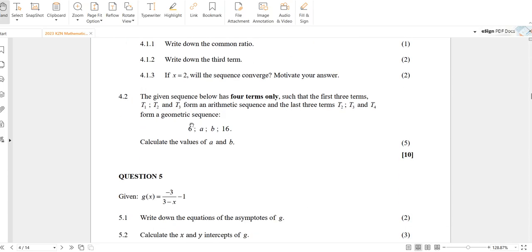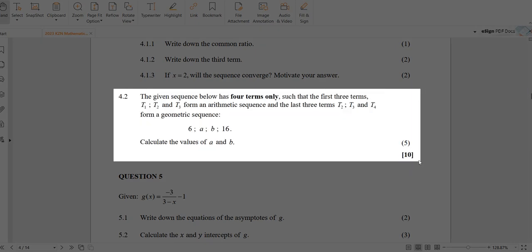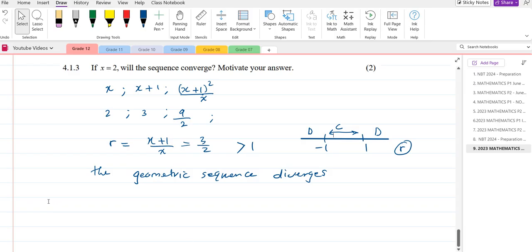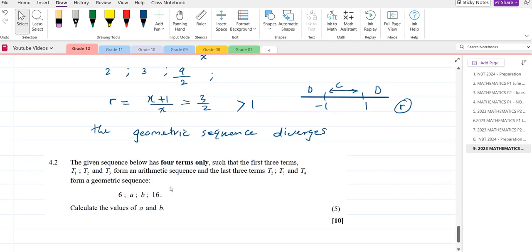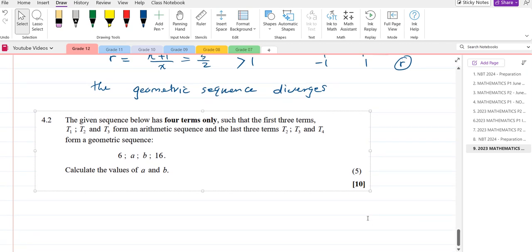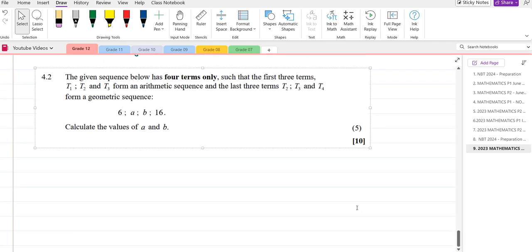This should be a nice level 4 question, right? Because they usually have that in quadratic sequence or something. Let's see what type of sequence this is. The given sequence below has 4 terms only, such that the first 3 terms, t1, t2, t3, form an arithmetic sequence. So what's the property of an arithmetic sequence?